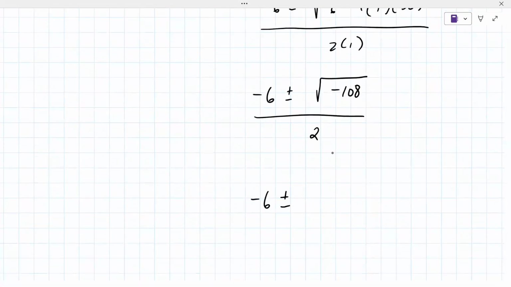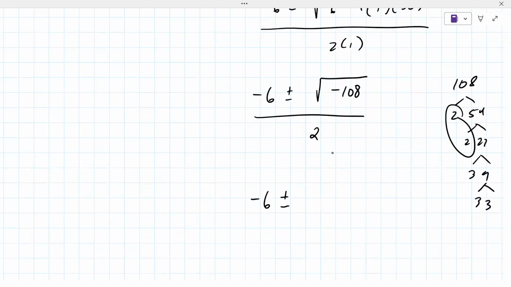So 108, 2 and 54, 2 and 27, 3 and 9, 3 and 3. So it ends up being a pair of twos and a pair of threes come out. And then you divide each of these by 2.